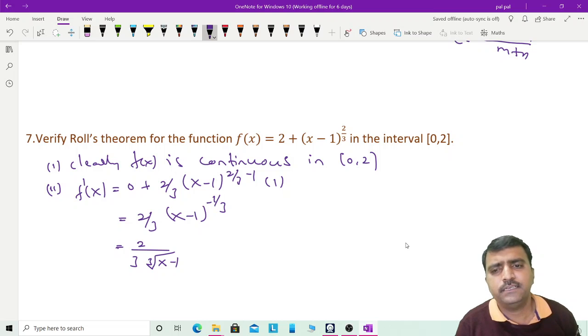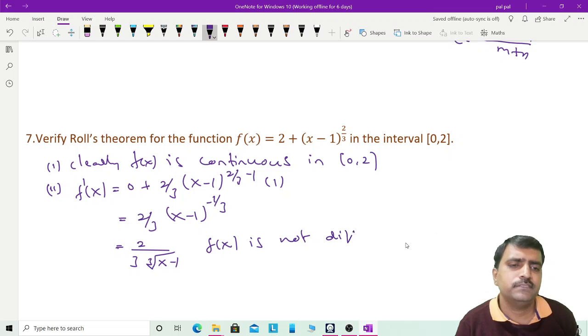So you write the conclusion: f of x is not differentiable at x is equal to 1.